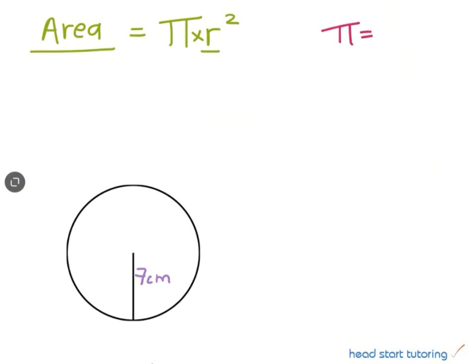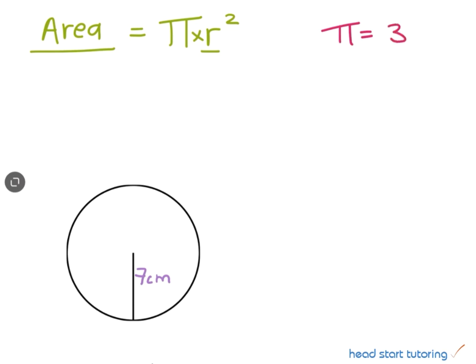Pi is an irrational number, which means it has an infinite number of decimal places. So when we are working with pi, without the help of a calculator, what we need to do is first round pi off.